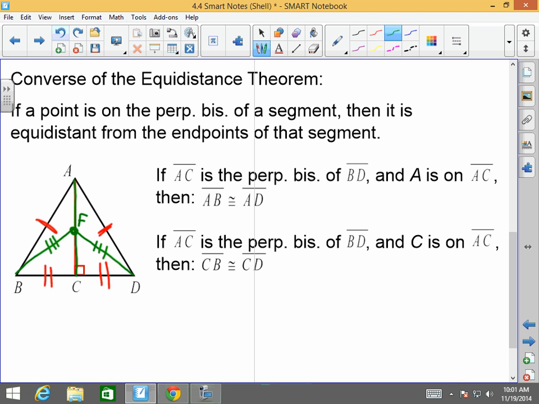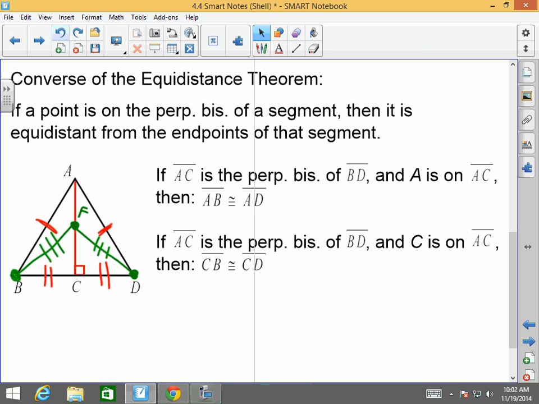So let me erase it. Hold on. We know that AC is the perpendicular bisector of BD, right? These are the endpoints of the segment that AC is a perpendicular bisector of, correct? So if I put a point F here, and it's on the perpendicular bisector, now FD will also be congruent to FB. And no, I'm not going to say it's because all radii are congruent. No, it's not. It's the converse of the equidistance theorem.